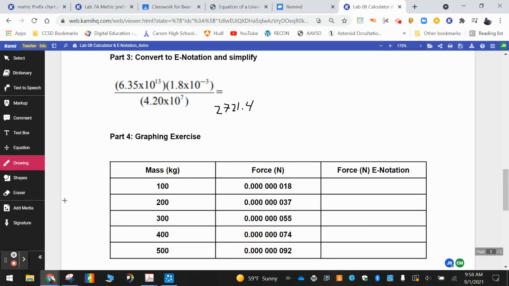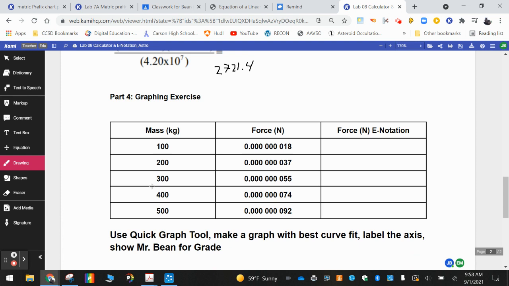All right, the last one here, part 4. This is going to be a preview for your group work on Friday. Each group will have something like this to do as a group, and you have to use the quick graph tool and do the best curve fit. So this will be the group grade, so to speak. Here we have some problems: here's mass, here's force, and then here's force in E notation.